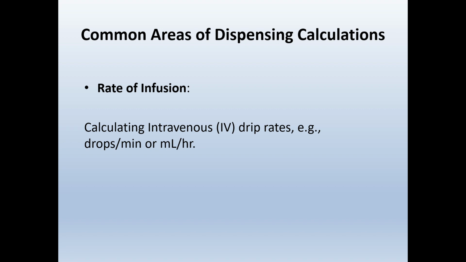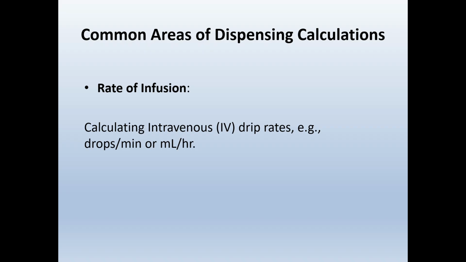You have a certain volume of drip to take within a certain time range, and that is the prescription that has been written, and you ought to dispense it. So what do you do? You need to understand how to calculate your rate of infusion.